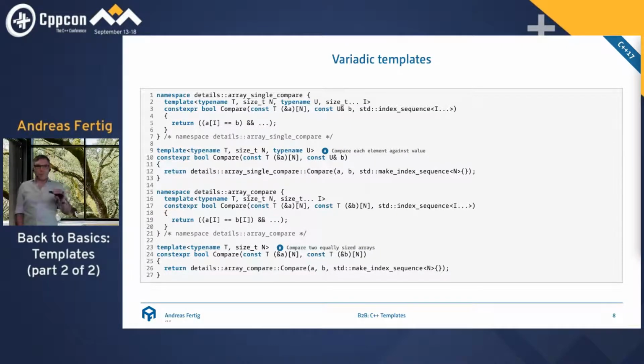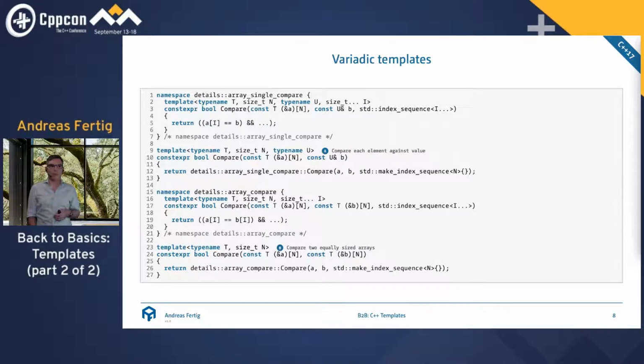So at the bottommost, at B, I have a function called compare. It's a function template that takes a typename T and my size_t parameter N as before. I'm using here the technique to let the compiler deduce the type and the size of this array.